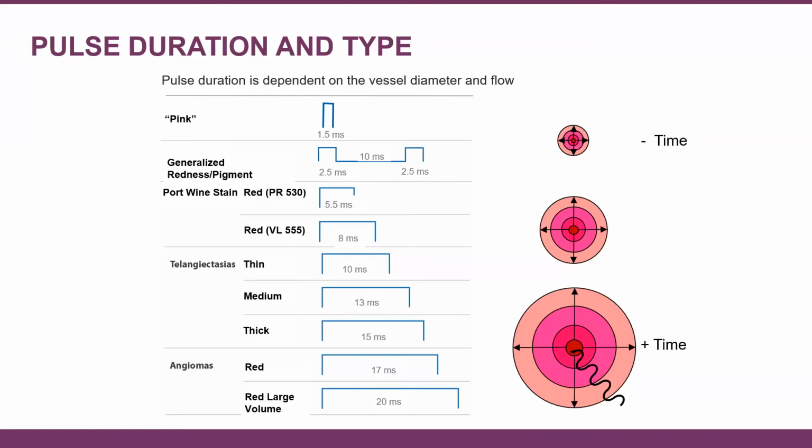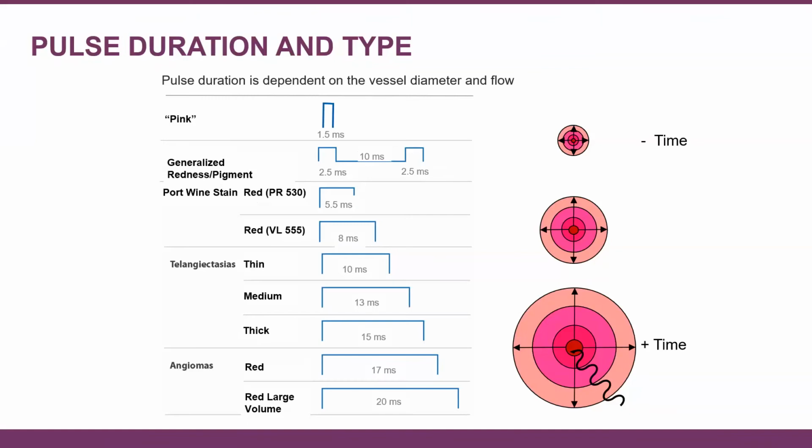The purpura occurs because we are delivering reasonably high energies over a short period of time, rather than that vessel being able to absorb all of that heat and therefore coagulate. We totally disrupt the vessel because we're putting in that heat over a very, very short period of time, and therefore you get that blood diffusing into surrounding tissue, which is the bruise or the purpura that you see immediately after you fire the stain.